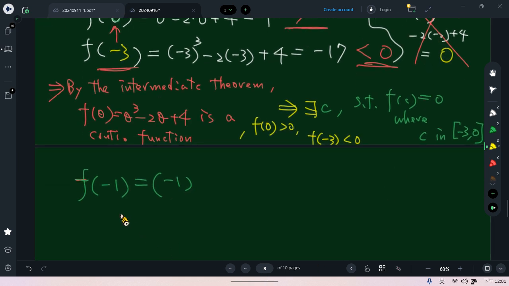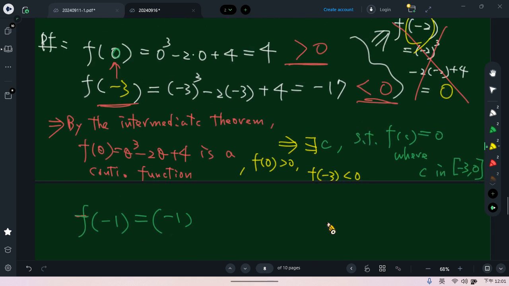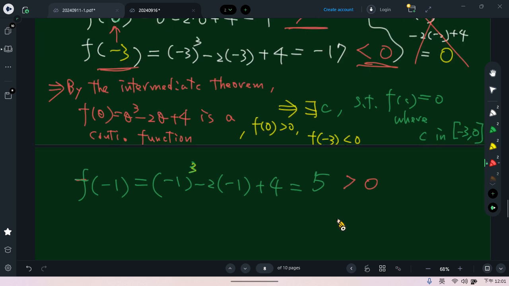But right now, I try to find the range, right? So f of -1 will be -1 cubed minus 2 times -1 plus 4. So the answer will be how much? 5, right? 5 is positive.